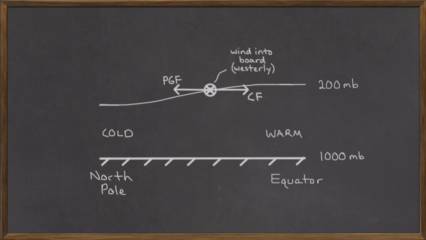So just from knowledge about the temperature contrast between the equator and the poles, we've been able to infer the existence of this westerly wind at upper levels in the mid-troposphere, which again is going to describe our jet streams.